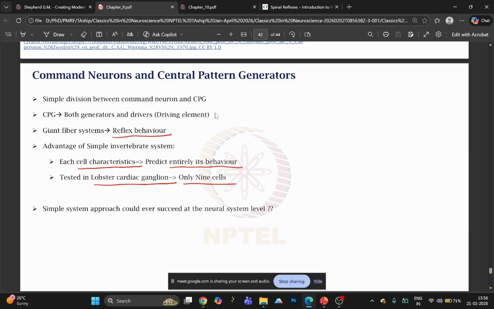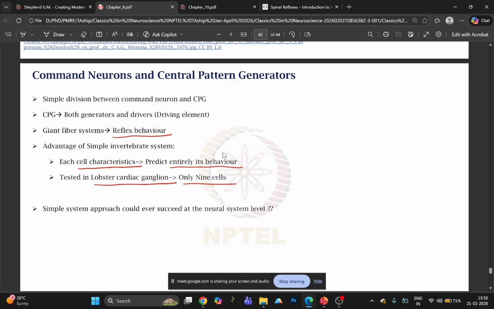So anything that involves any rhythmic activity or any circuit that is similar to a reflex behavior, those do come under the purview of CPGs.